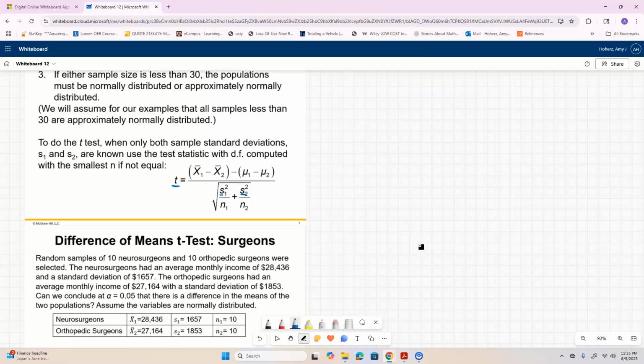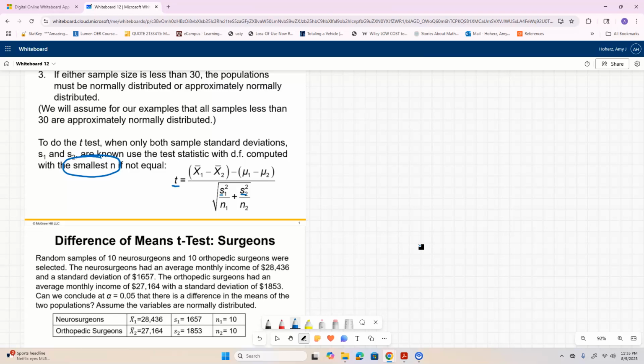Oh, and I wanted to point out, I knew this was somewhere, I was trying to find it. To do the t-test, if you don't end up with the samples being the same size, then you use the smallest n.